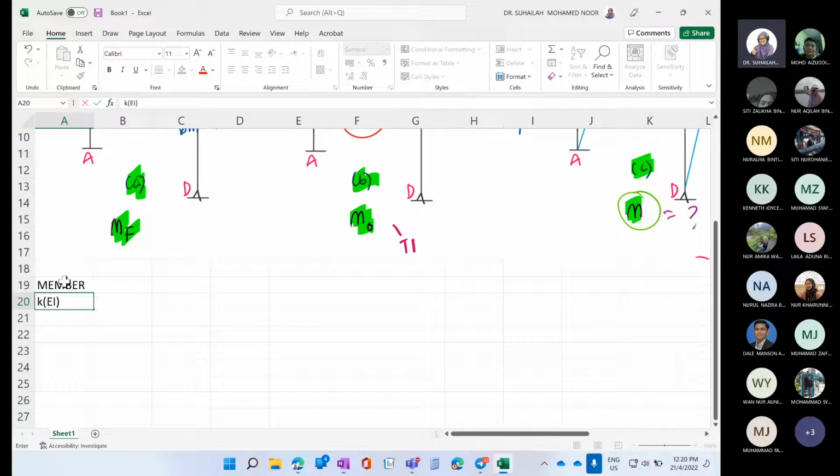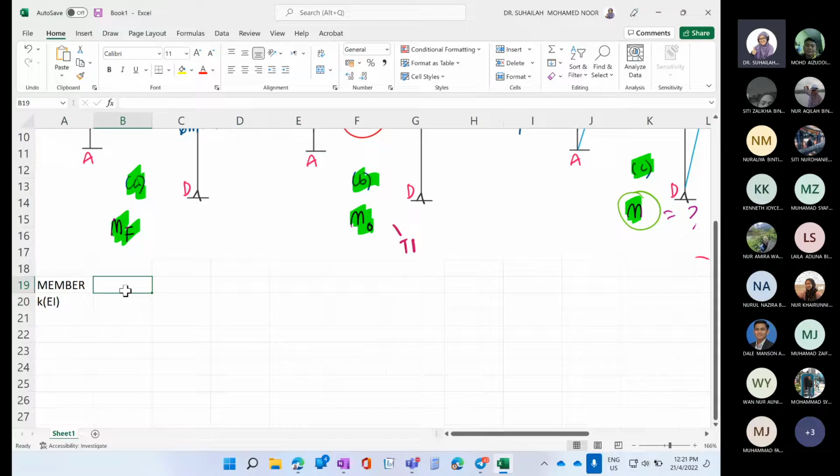You don't need to substitute the EI value whenever you calculate the distribution factor or stiffness factor, because once you calculate the distribution factor, EI will be cancelled. So do not waste your time substituting EI into the stiffness factor formula. Just remain in terms of EI.